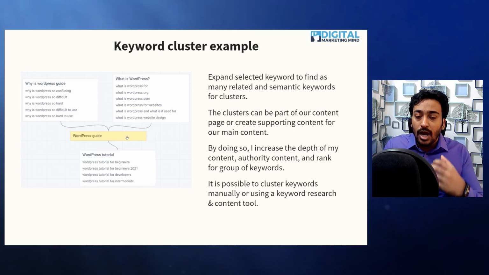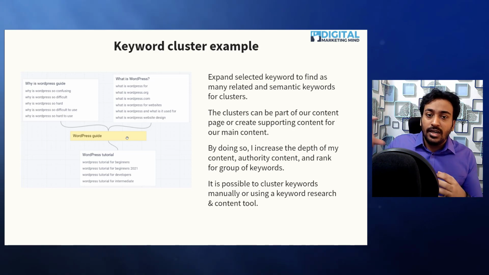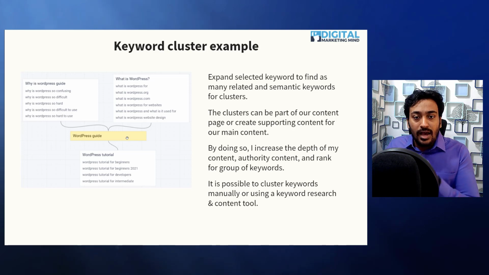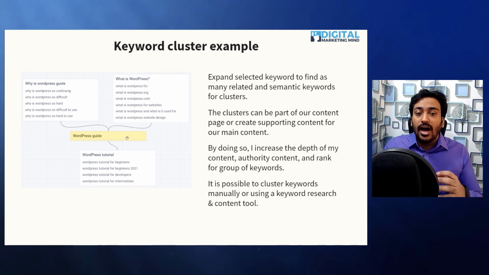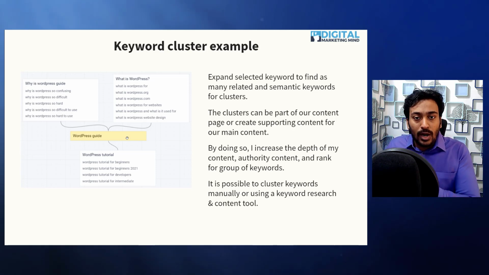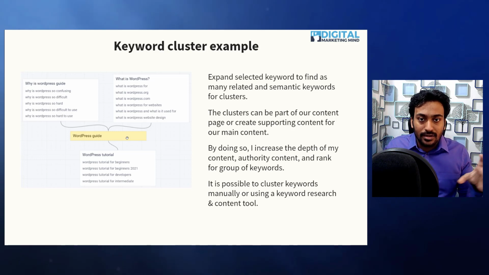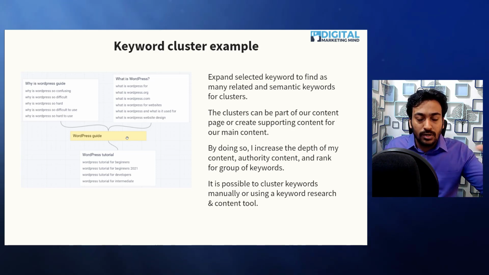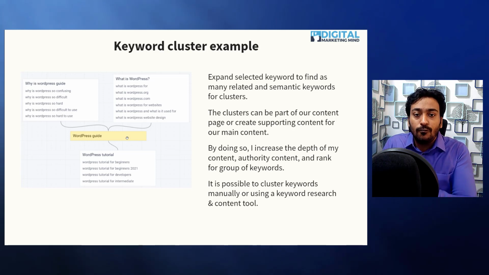For example, I am writing a WordPress guide, I can create another blog post on WordPress tutorial, mention all these things and link out to my main keyword. That way I'm not only focusing on the main problem, I'm also addressing all the related problems in different areas of the industry, so when it is seen by a search engine, it understands the relationship between all these different content pieces, and it will bring a lot of value to your content marketing process as well.